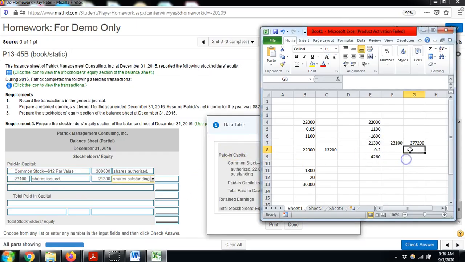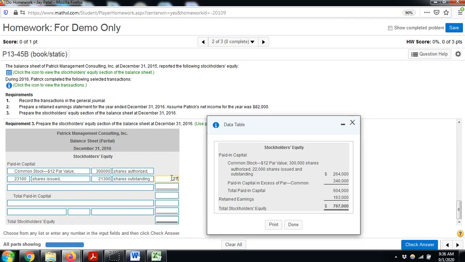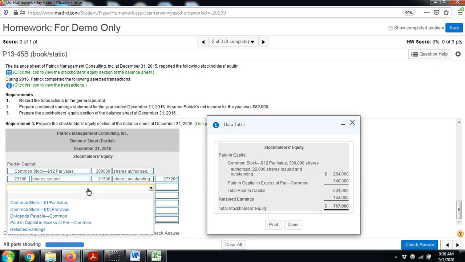So for this line item, we're just worried about the shares issued. So basically, we have this many shares, and basically at $12 par value per share, it's $277,200. And so then we have to calculate our paid-in excess to par.